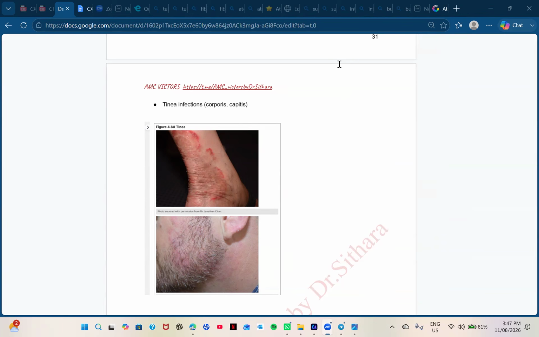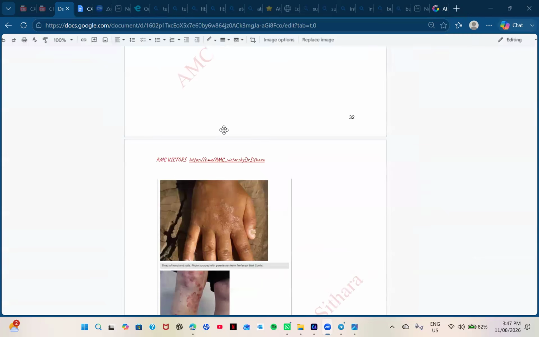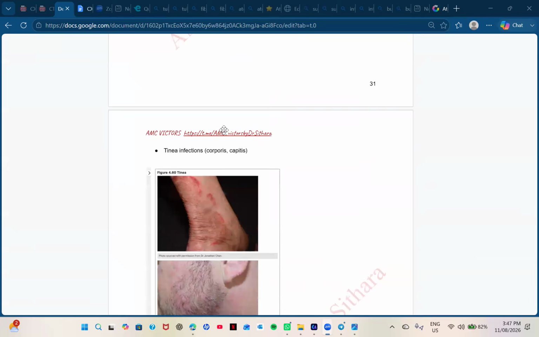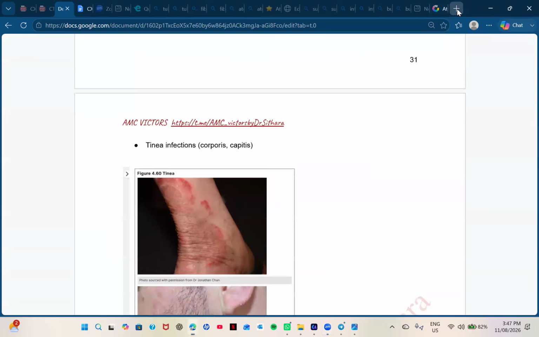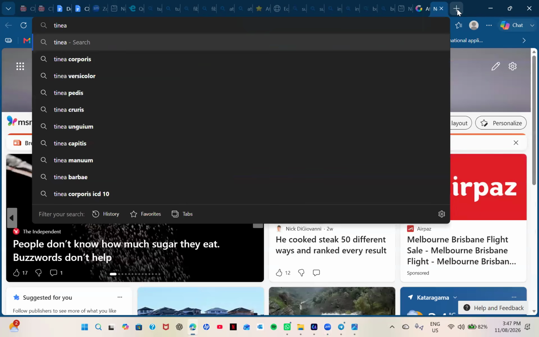What is the classic presentation? How does it present, doctors? It has an annular erythematous scaly plaque, with a raised active scaly border.